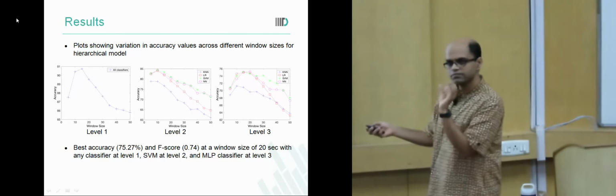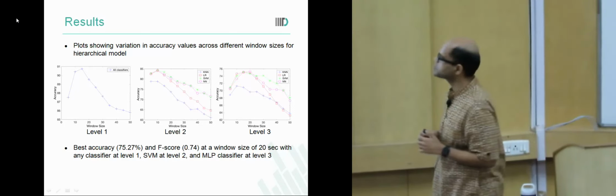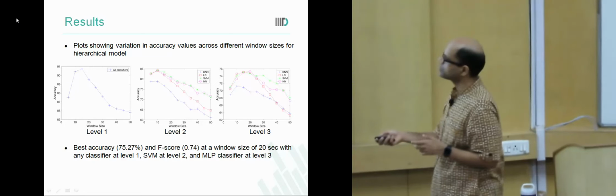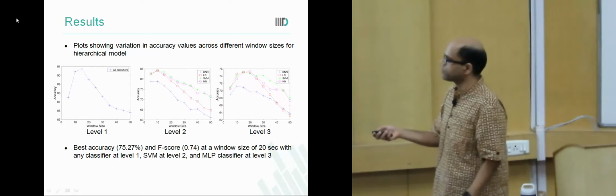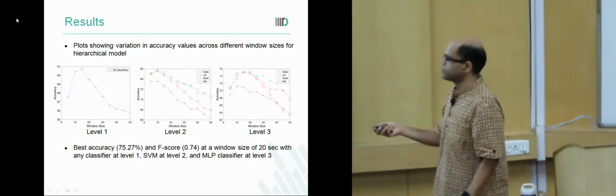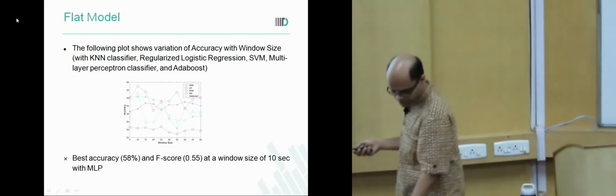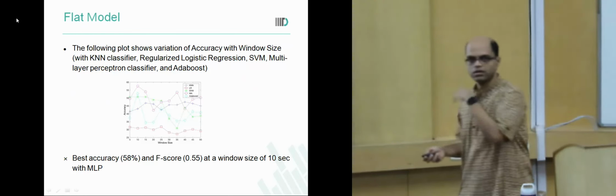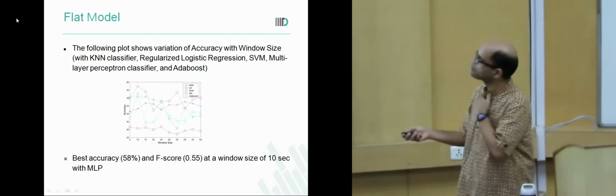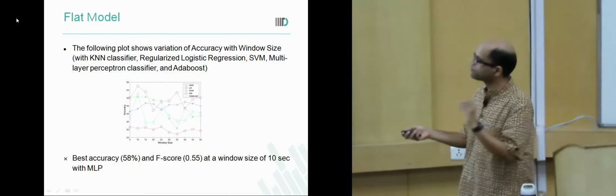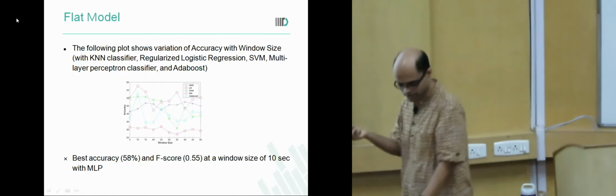The window sizes become shorter because all these activities are smaller in time scale, and we found that at level 1 with the barometer any classifier works because it's easy. SVM works well at level 2, and MLP works well at level 3. This is definitely better than having one flat model and one classifier putting data into 4 different classes, which gives us 58% accuracy.